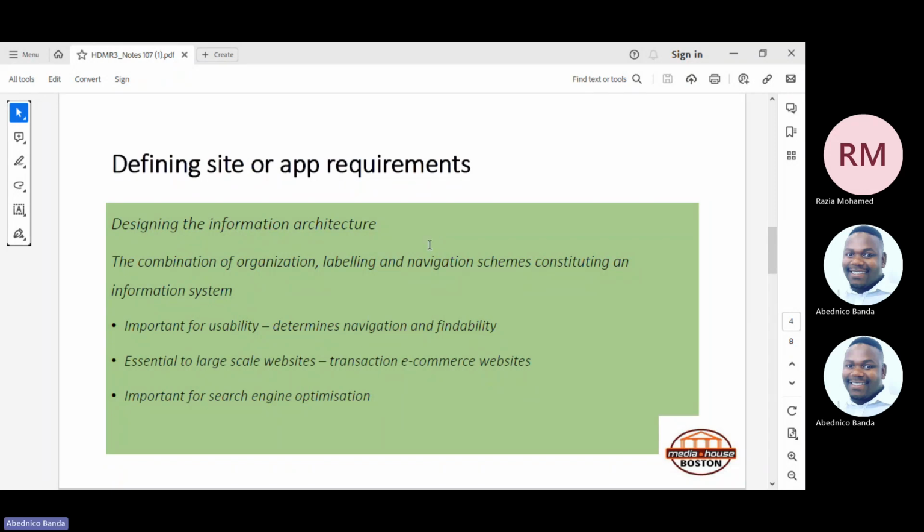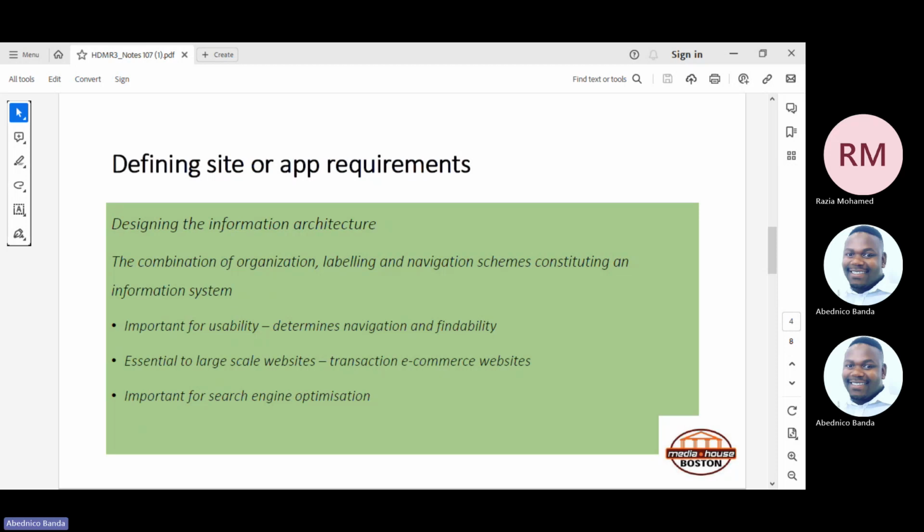To some extent, we are having what I would call a content bank. It is important for usability: the information that you have is going to determine how easy it is to find and navigate to on the website. Think about something that was posted 5 years ago. If someone searches for it, will they be able to find it?